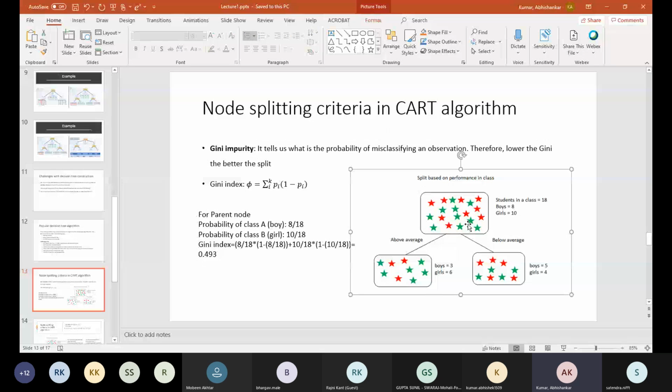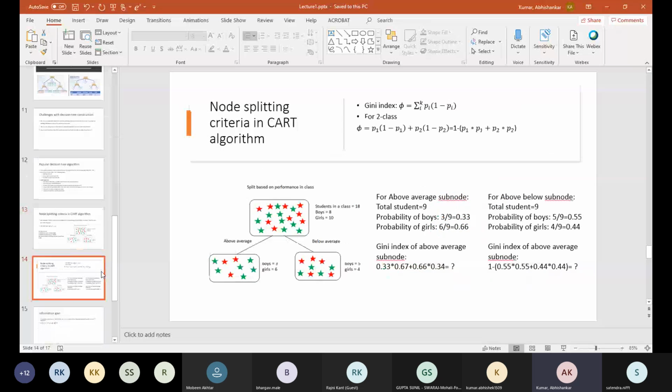Let's say this is the root node: how to calculate the Gini index at the root node, and how to calculate the Gini index for this child node. Let's say this is now a parent node, how to calculate the Gini index. Once you know all this, then you know exactly how this algorithm works.